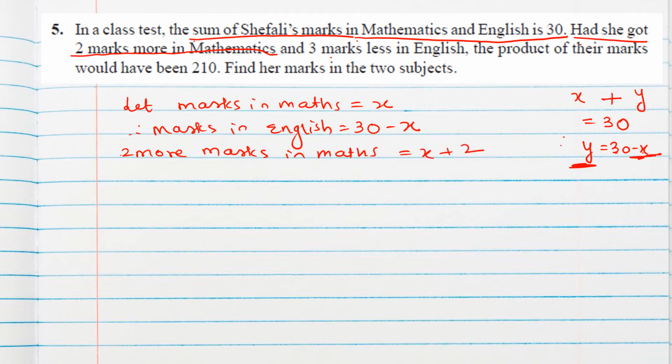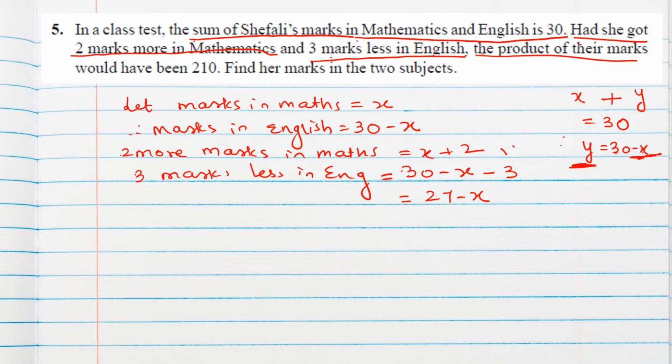And 3 marks less in English: English marks we know is 30 minus x, and in that 3 marks less, so 30 minus 3, that is 27 minus x. So now the product of these marks, which one? This one, x plus 2 after getting 2 marks more in maths and 27 minus x after getting 3 marks less in English, the product of these 2 marks is equal to 210.